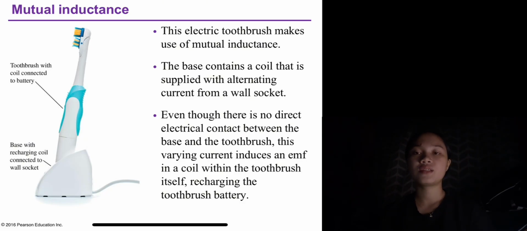When you place the toothbrush on the base, energy flows from the base to the toothbrush without any metal contacts. The changing current in the base coil creates a changing magnetic field which induces an EMF in the coil inside the toothbrush. This EMF charges the battery safely and efficiently.